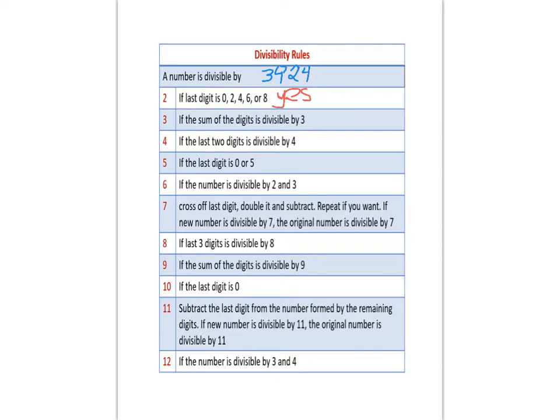So I'm going to add up these digits, 3 plus 9 plus 2 plus 4, for both the 3's and the 9's at the same time. 3 and 9 is 12, plus 2 is 14, plus 4 is 18.